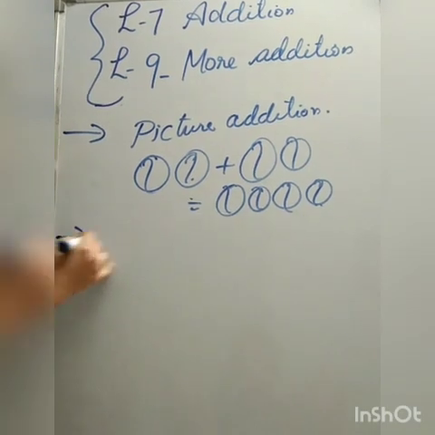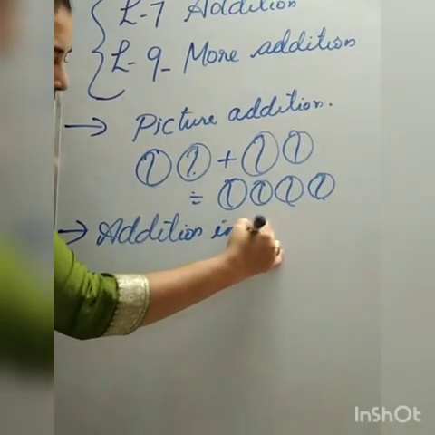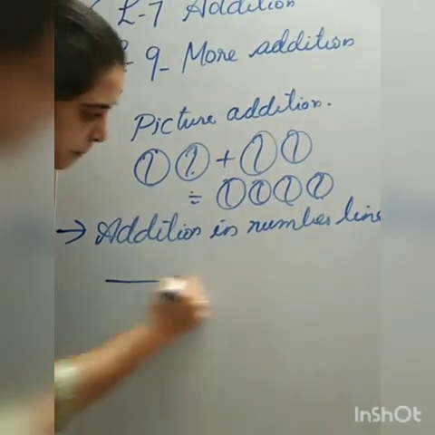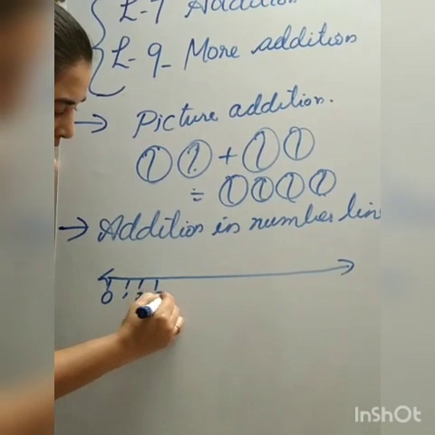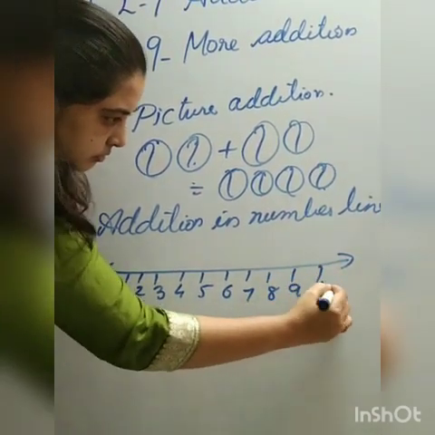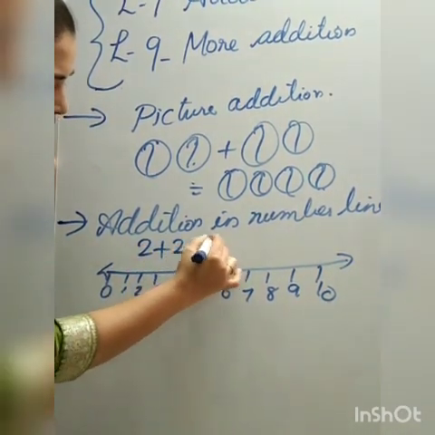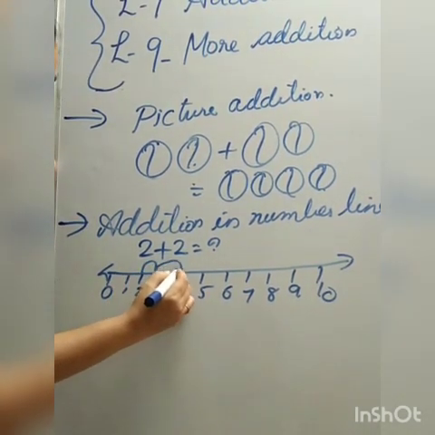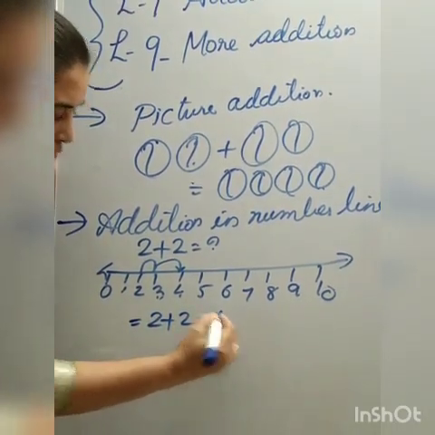Then addition in number line. Okay, 2 plus 2 is equal to what? Start from 2. 1, 2. What is the answer? 2 plus 2 is equal to 4.